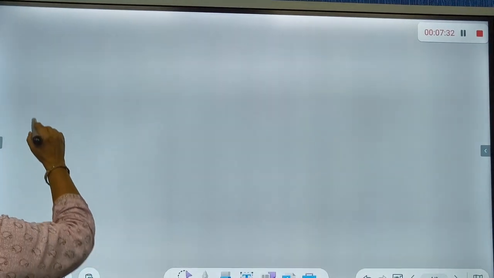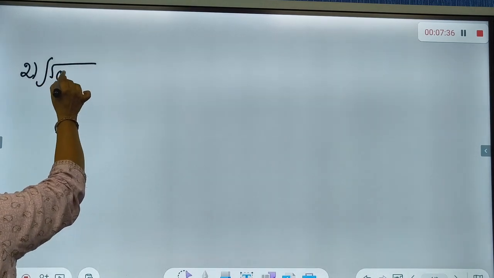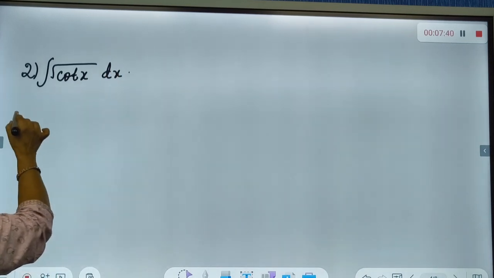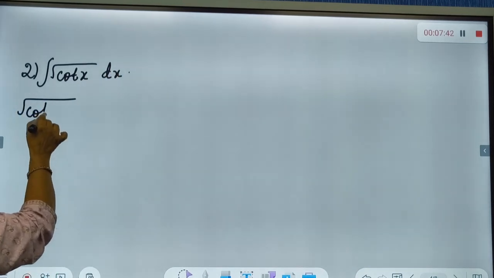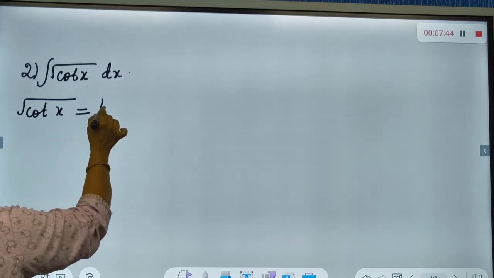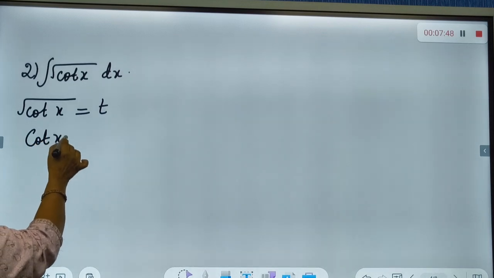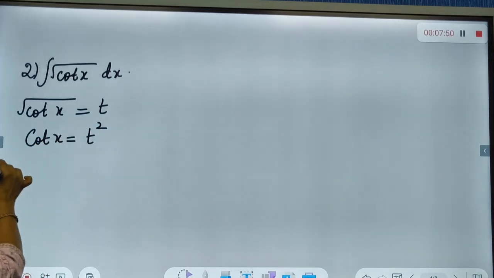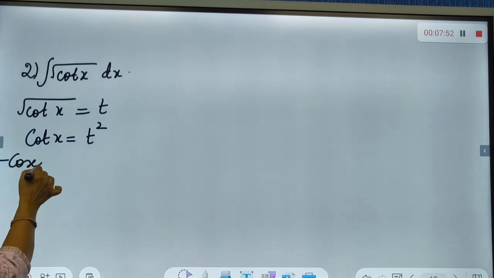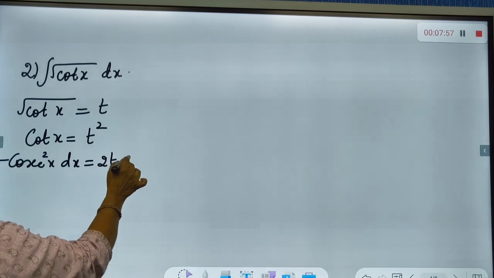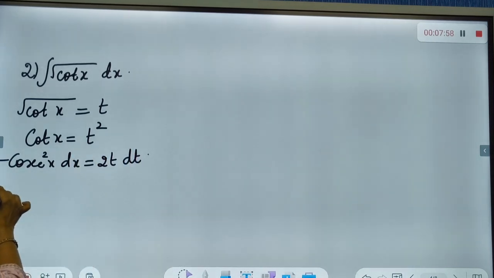Now look at this. Suppose you have integral of root of cot x dx. So what will happen? Root of cot x, I am going to write it as t. That is cot x equal to t square, so minus cosecant square x dx will be 2t dt.